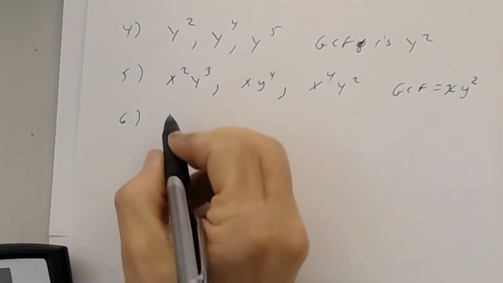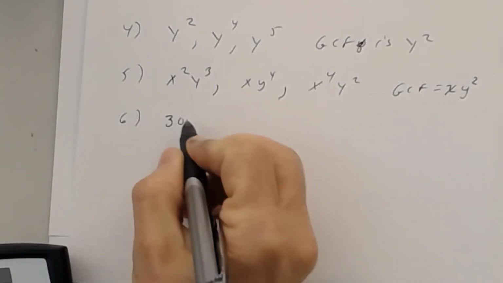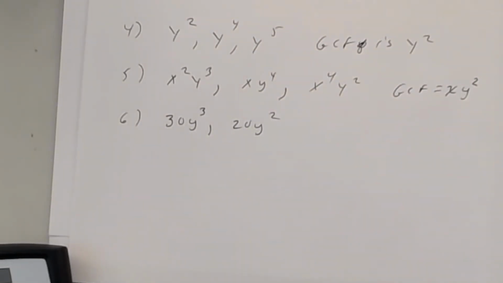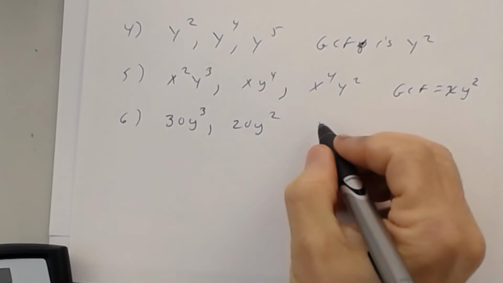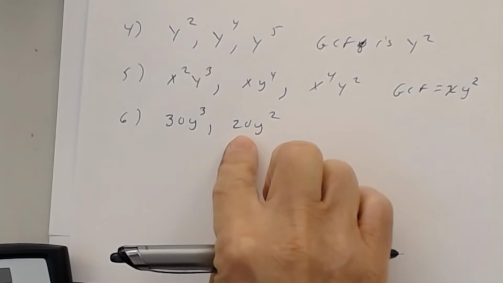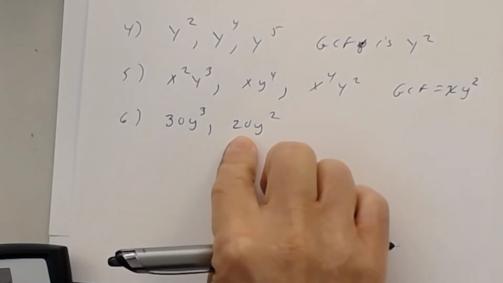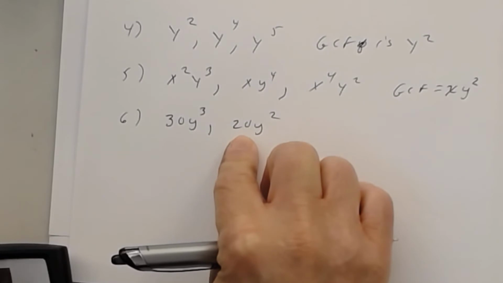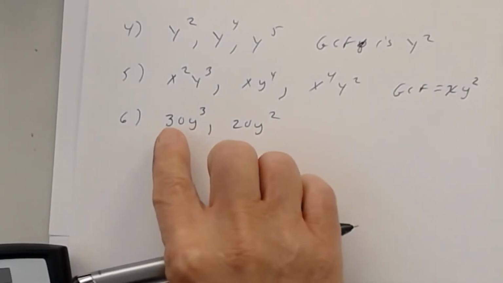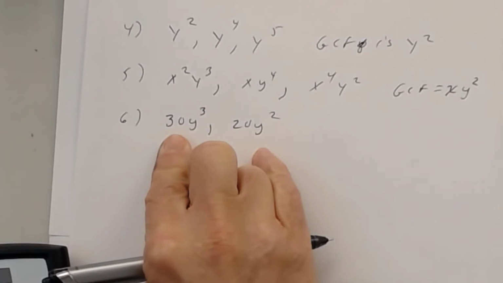Number 6. All right, here we go. Suppose I have 30y cubed, comma, 20y squared. Now this time I do have a coefficient, 30 and 20. Those 2 are easy enough that you don't need to list the factors or make a factor tree. I think all of you can tell me the largest common factor that 30 and 20 have. 10.